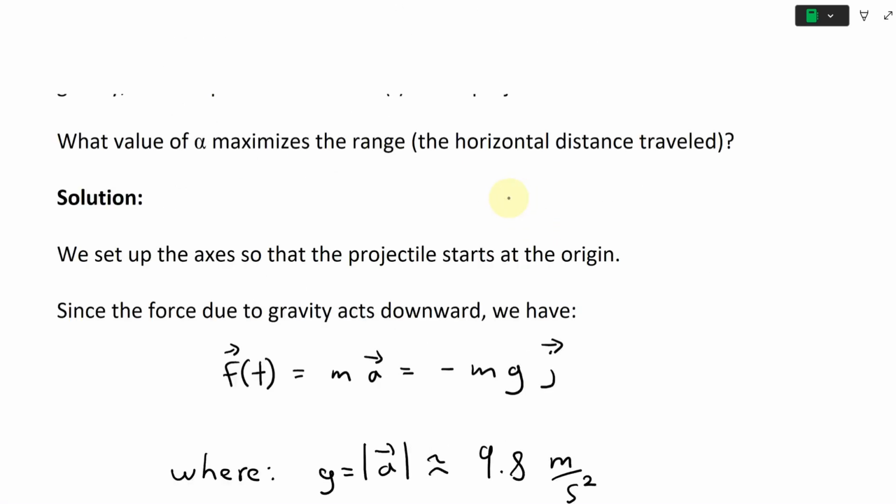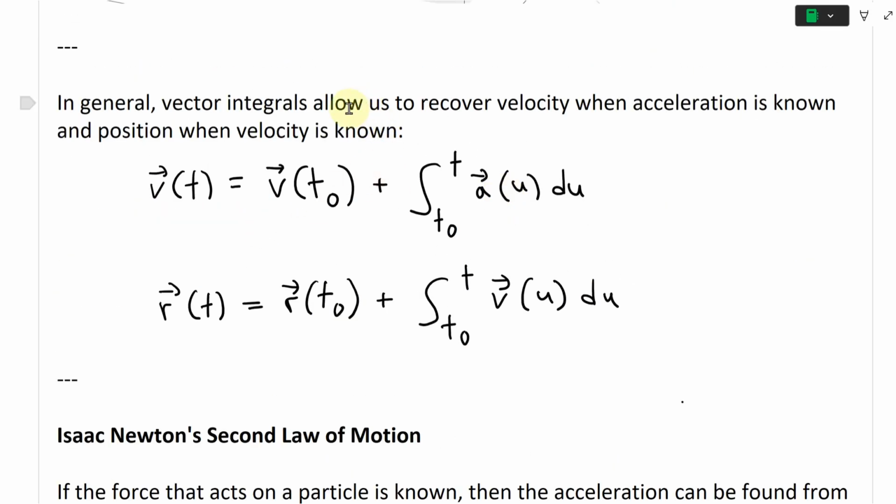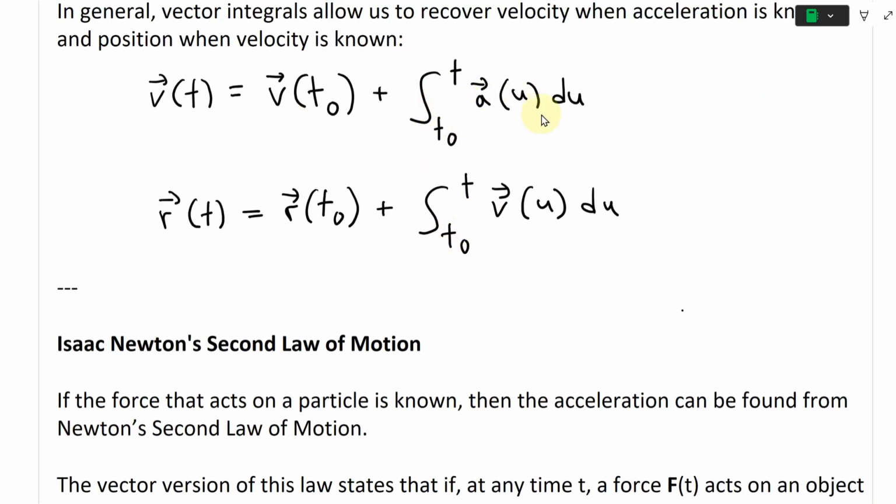As I went over earlier, in general, vector integrals allow us to recover velocity when acceleration is known. Starting at t equals 0, and then for position, when you know velocity, you go to r naught. This is v naught and r naught, plus the integral of that acceleration, and so on. Fascinating stuff.